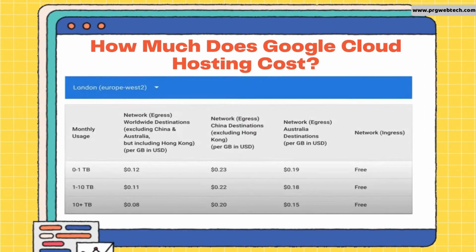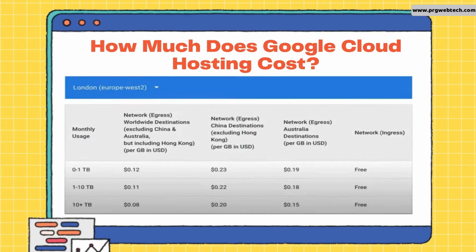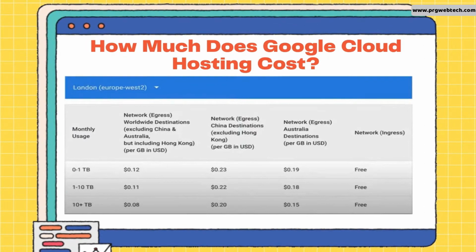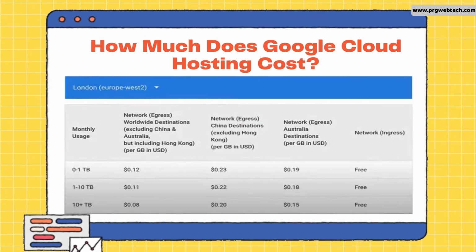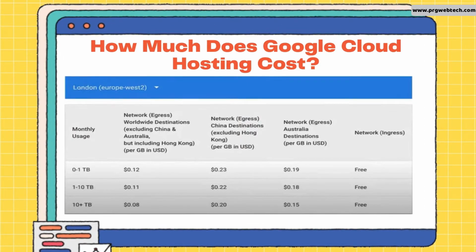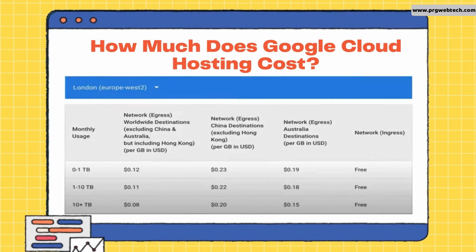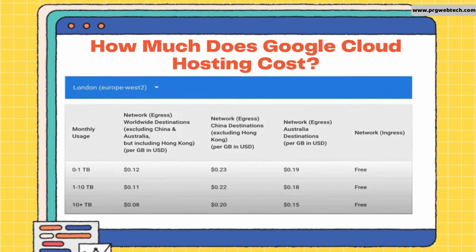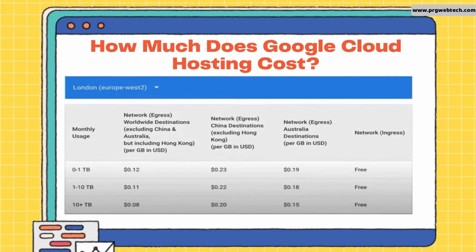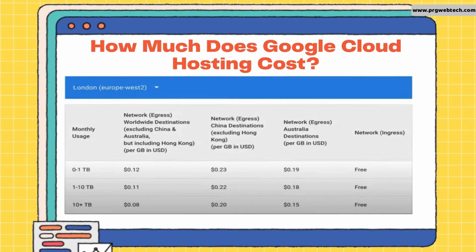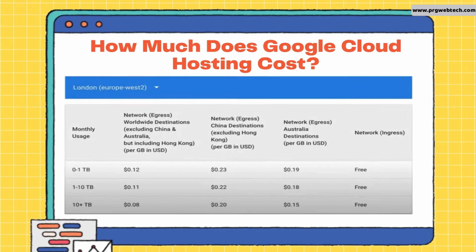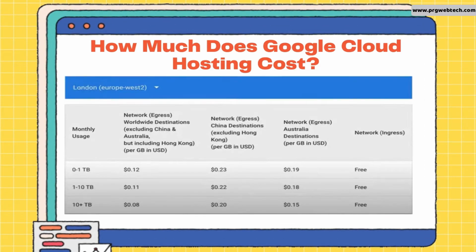The next 9 terabytes are charged at 11 cents per gigabyte, and anything over 10 terabytes is charged at 8 cents per gigabyte. For some regions, these prices are essentially doubled for data that leaves your server and goes to China, and slightly less for traffic to Australia. In addition to this, you'll see different rates for Northeast Asia, Southeast Asia, and Australia. Pricing generally starts around 12 cents per gigabyte for servers located in the USA.